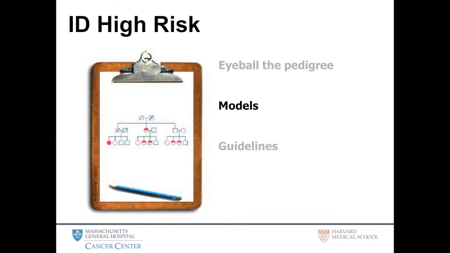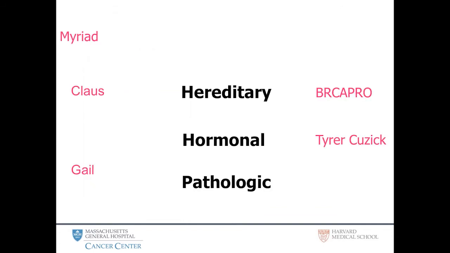And that brings us, of course, to the models. There are 5 basic well-known models used in this country. Again, BOADICEA is also used in the UK, but not as commonly in this country. So let's look at these models: Myriad, Claus, Gail, BRCAPRO, Tyrer-Cuzick.